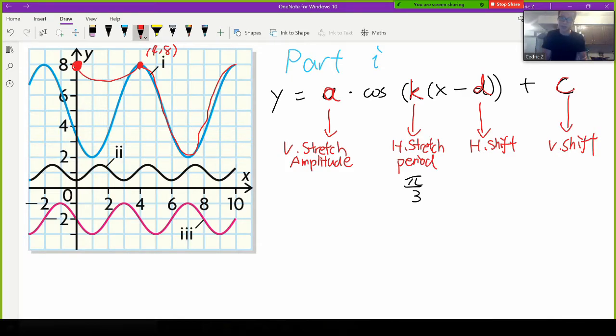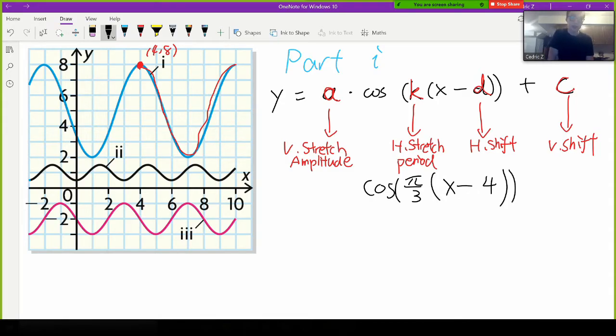Now the peak is at x equal to 4. So that means I shifted to the right by 4 units, which translates to a d value of 4. And the sign in front of it is negative. Remember, negative is shifting to the right. Positive is shifting to the left. It's a little bit counterintuitive. So this is how the inside of cosine is going to look.